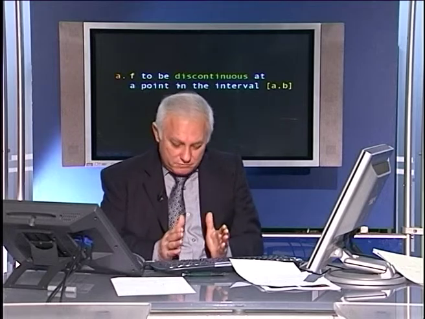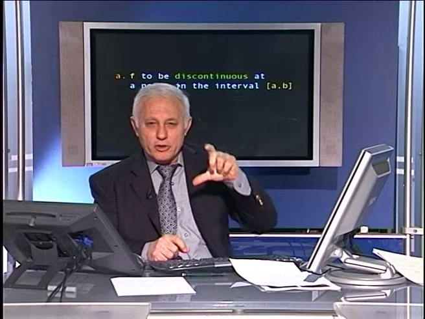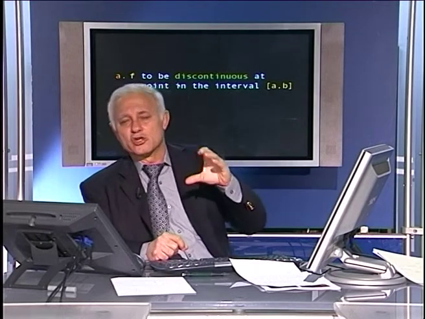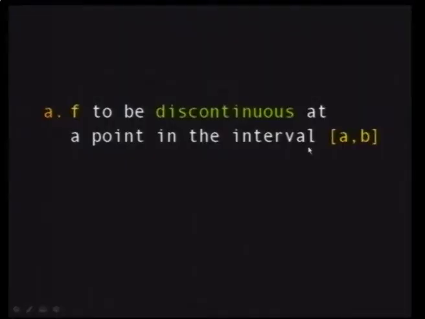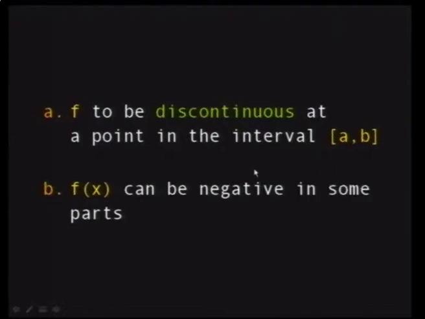So here again, notice that not only may you release the condition of equal subintervals, or of taking the maximum or minimum value of the function inside each subinterval, but you may also allow for more choices. You may, for example, allow f to be discontinuous on the interval AB. And you can have subintervals inside AB in which the value of f of x may be negative or positive.